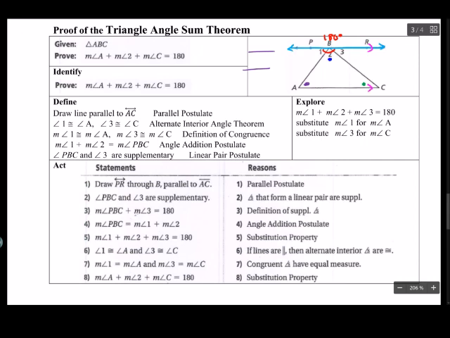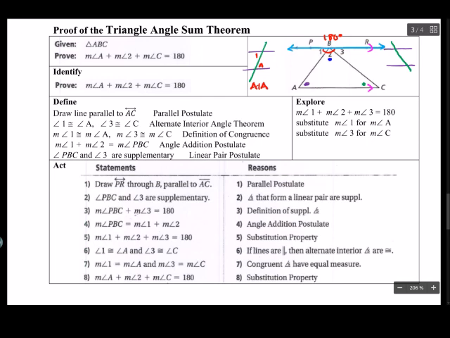So that gives us a transversal right here and allows us to relate angle 1 and angle A. And those are alternate interior angles. And if our lines are parallel, alternate interior angles are congruent. And you guessed it, we are going to do the same thing on this side with this transversal.